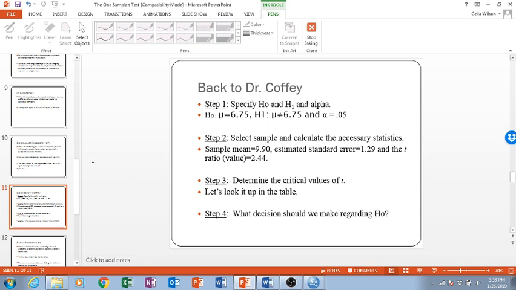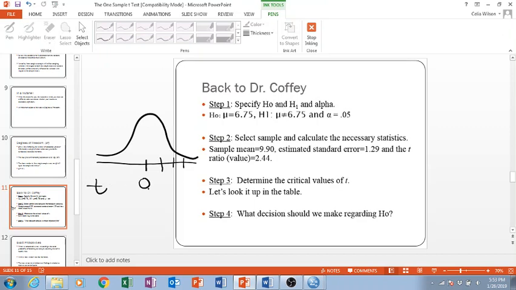Okay, so if you're thinking about your distribution, and we have our nice normal curve here, we still have a situation where 0's in the middle, all right, and we have our 1, 2, 3 standard deviations, but instead of being Z, this is T. These are T values, not Z values.